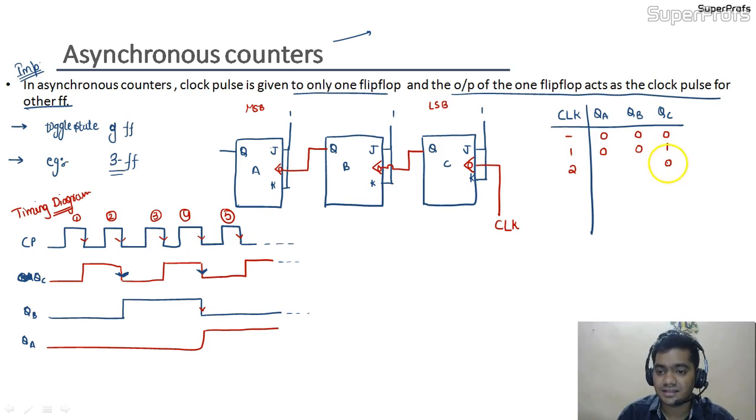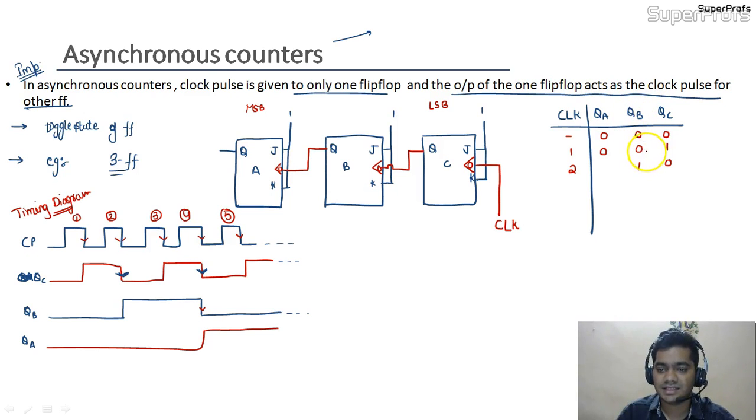As this is the falling edge, it would trigger QB, and the output of QB would be toggled from 0 to 1. Now if we want to see QA, we look at the output of QB.